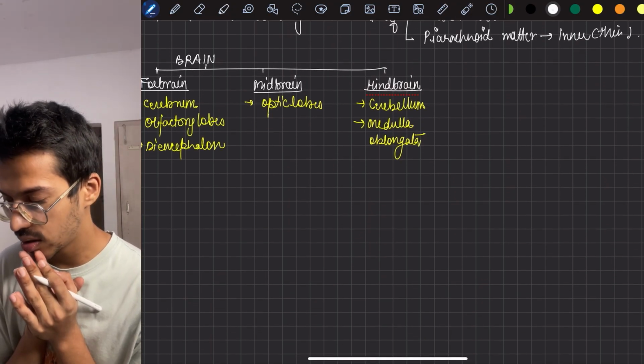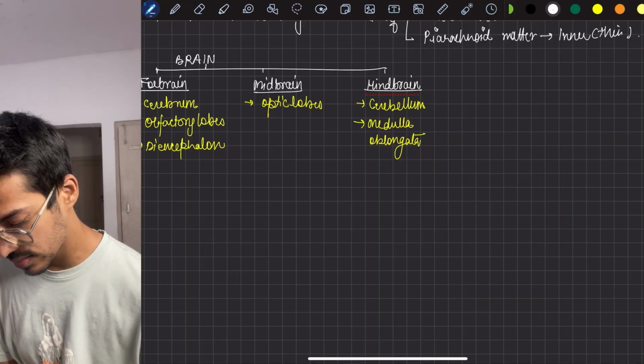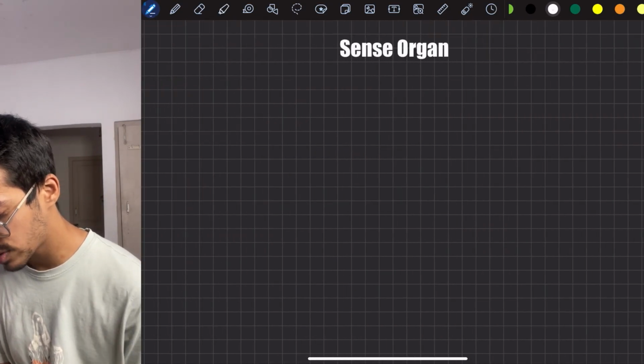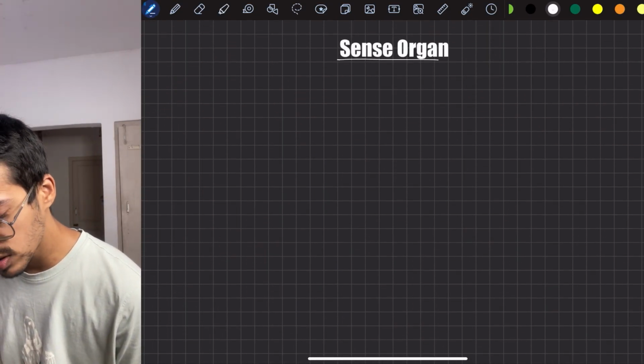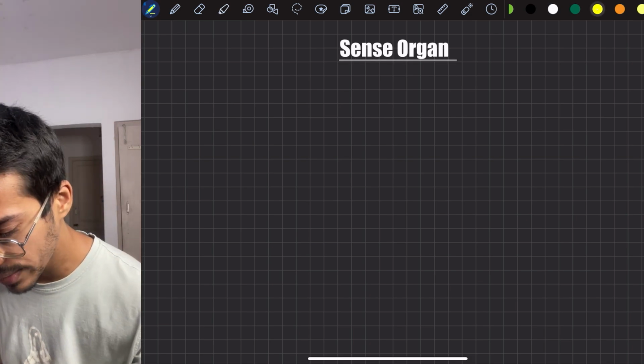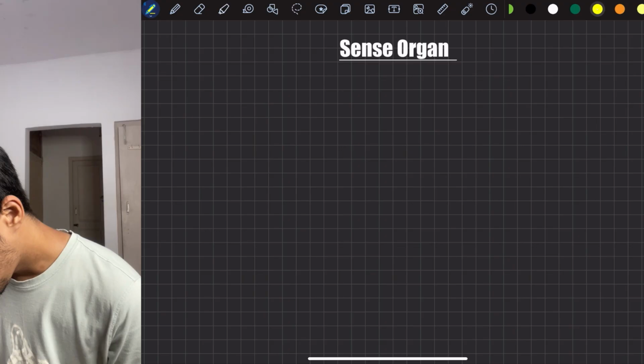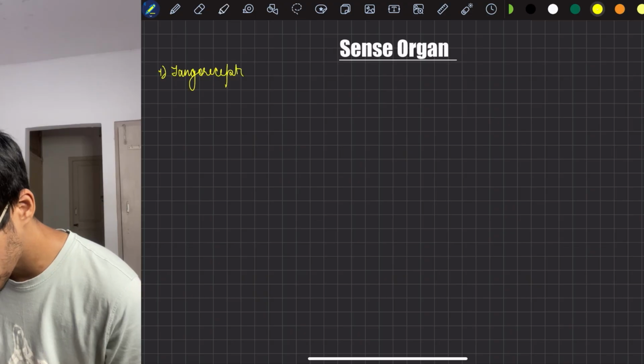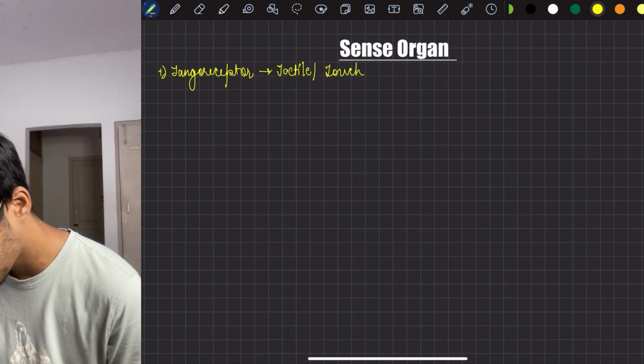Now the next is the sense organs that you have to study. There are various sense organs present. Let's quickly enumerate one by one. First are the tango receptors, the tactile receptors, which means touch receptors. They respond to touch, on the skin.